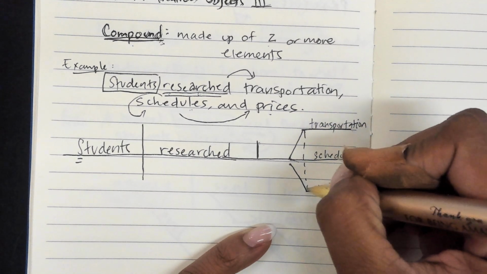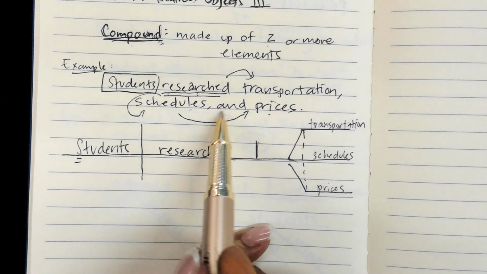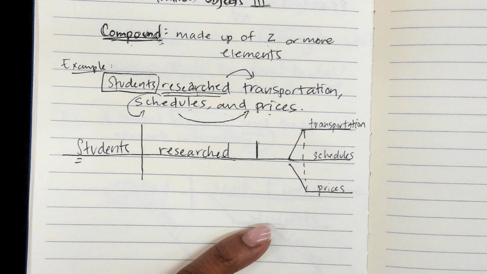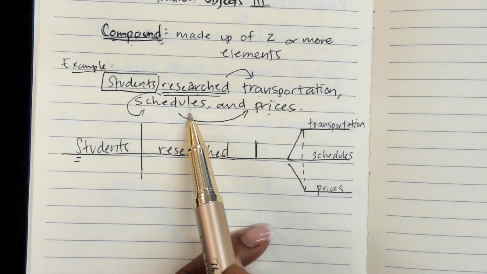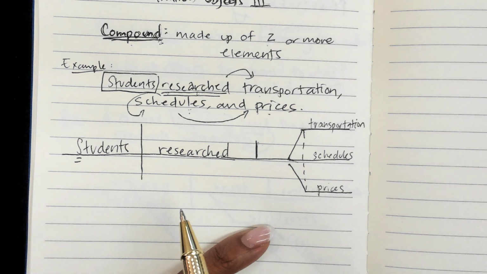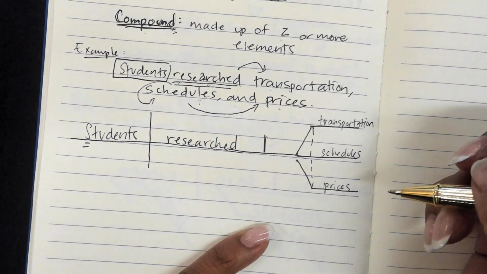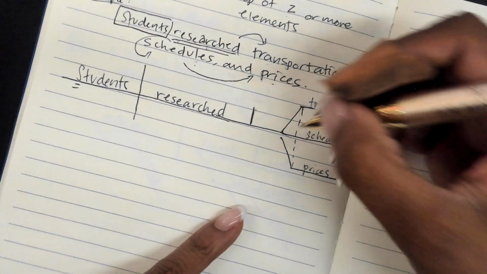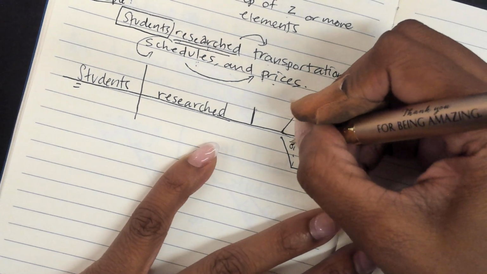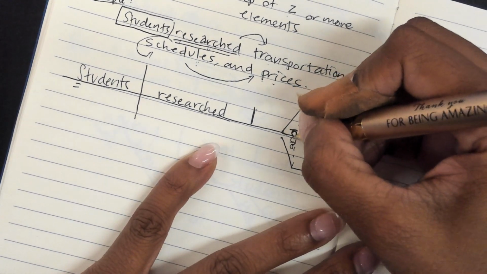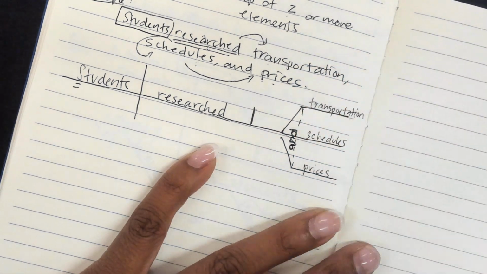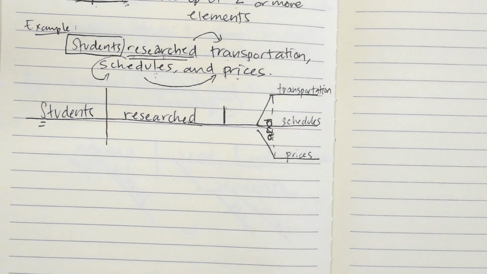Now we just have one word left. What word is that? And. Yes, what is and doing in this sentence? Good, it's connecting the transportation, schedules, and prices. So we want to show that by drawing it on our dotted line. Okay, that one wasn't too bad.